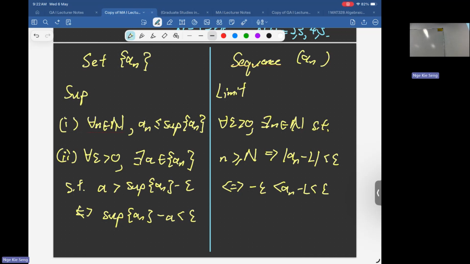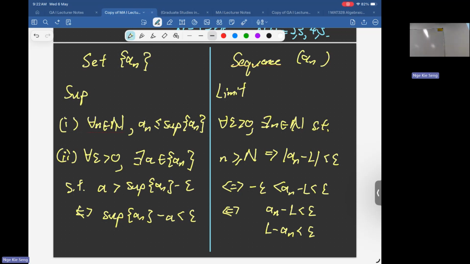Does it make sense? No question? Or should I write one more thing here? Maybe I'll write one more thing here. This is a_n minus L less than epsilon. And then the other side you get L minus a_n less than epsilon. Okay.